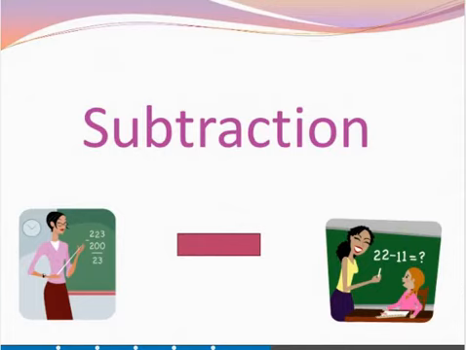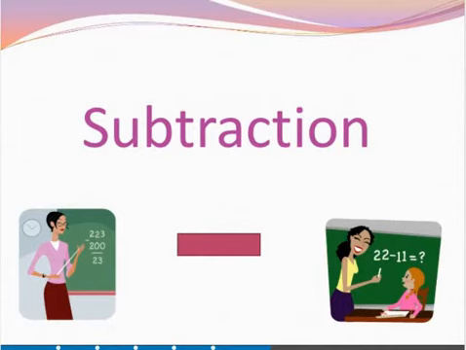Now, in subtraction, before we start, I want you to notice something. You remember when we said in addition that if we change the position of the numbers, we will have the same sum? It will not change the result, and we call this the commutative property. Even if you say 5 plus 7 or 7 plus 5, you will have the same sum, which is 12.